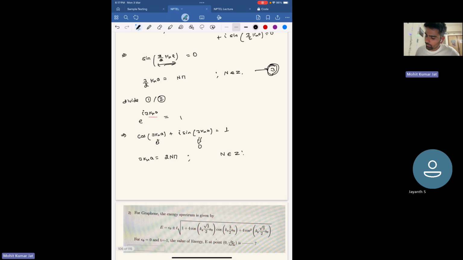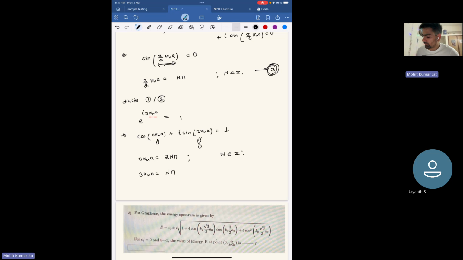So if you compare the equations, and here also this 3kxa has to be equal to, it cannot be 0, it has to be equal to n pi.